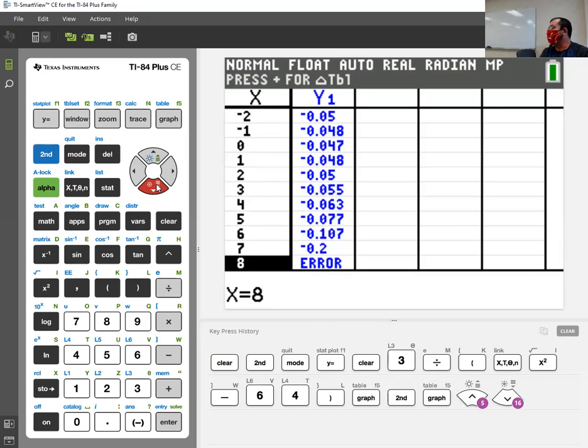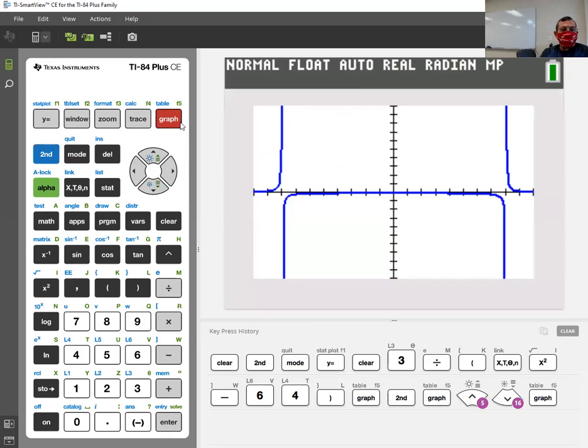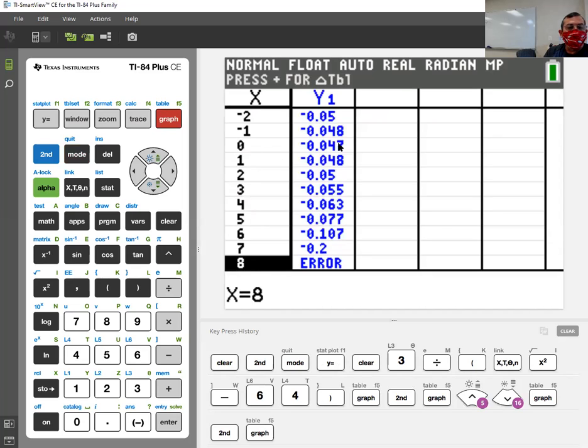So you're going to get error messages where those asymptotes occur because it's undefined there. Okay. Now, let me go back to that table, because remember when I was at 0, there's my negative 0.047, which would have been what that 3 divided by 64 would have equaled, okay?